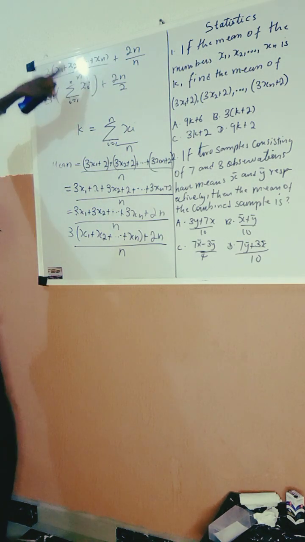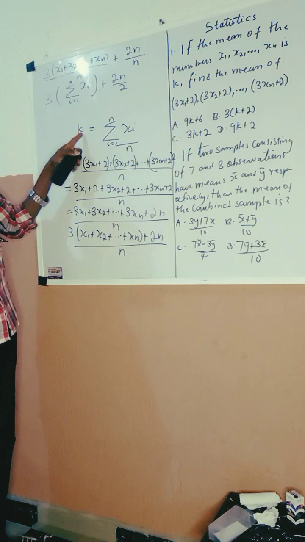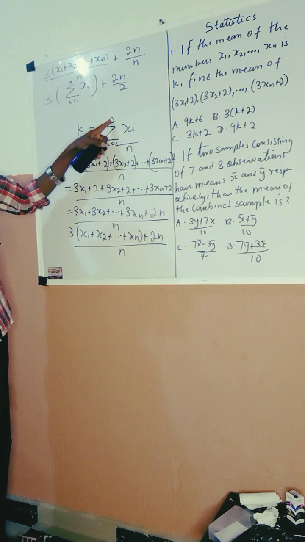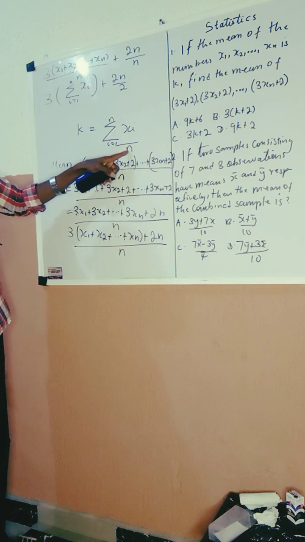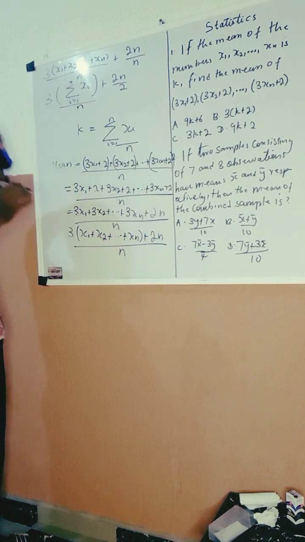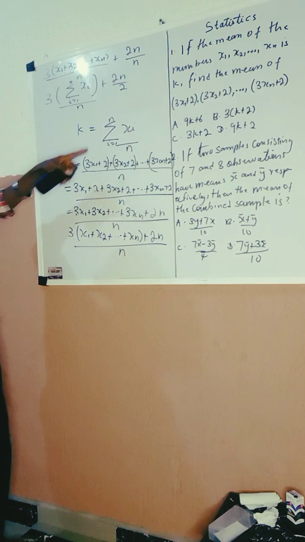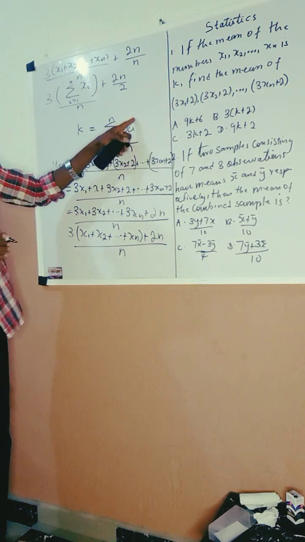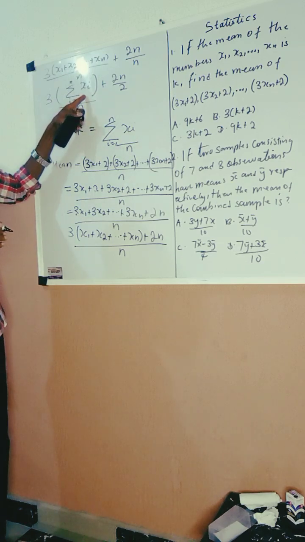Now, do remember that when we solved for k earlier, k equals summation i runs from 1 to n of xi all over n. Remember there is n here, so I equally have my n here. Which means the value of this equals k. And what I have here and what I have here are the same thing.